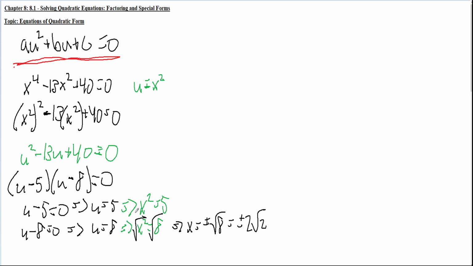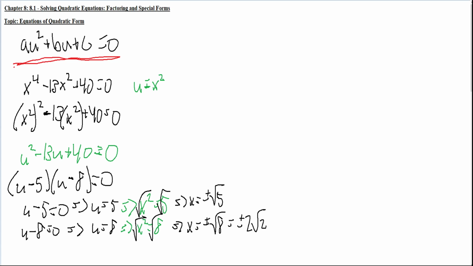And likewise, for x squared equals 5, I take the square root of both sides, and I'll get x is equal to plus or minus the square root of 5. As you can see, we really have 4 solutions, which is what you would expect for an equation where we have x raised to the 4th power, because we have positive and negative square root of 5, and then plus or minus 2 times the square root of 2.